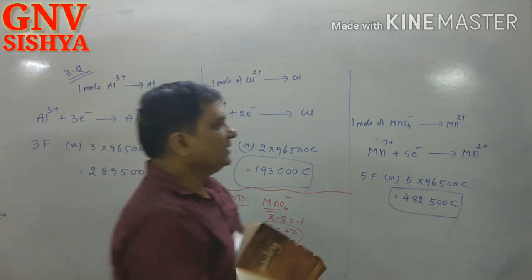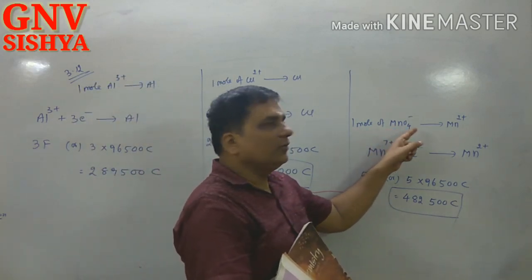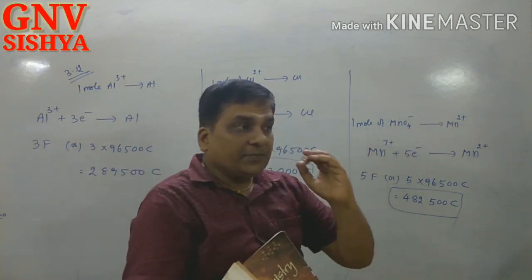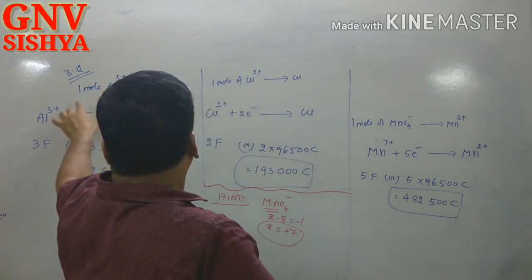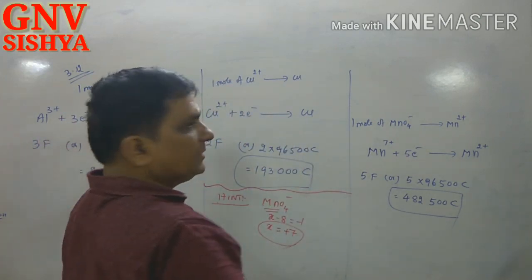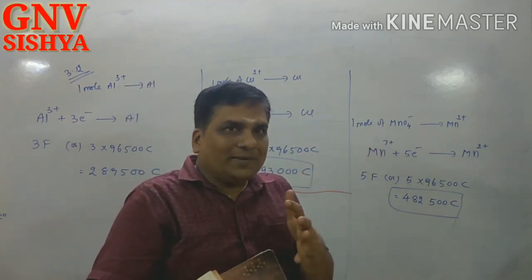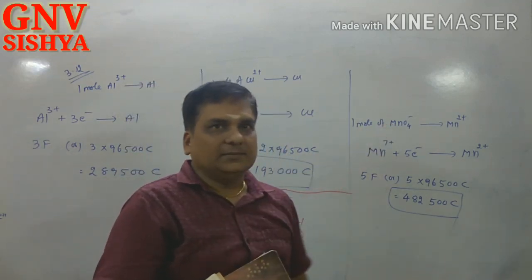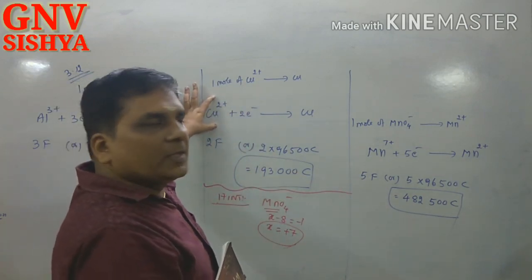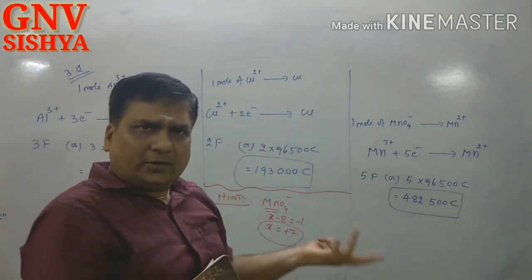Third division. What is the third division? 1 mole of MnO4- to Mn2+. Here, these are all simple ions, monatomic ions. This is a polyatomic ion, so we do not know how many electrons are transferred. This is monatomic, so Cu2+ plus 2 electrons gives Cu, we can do.